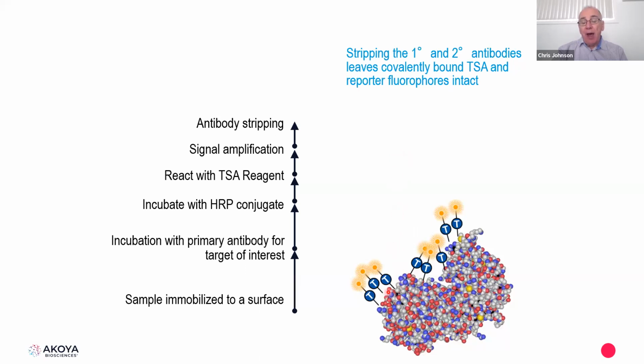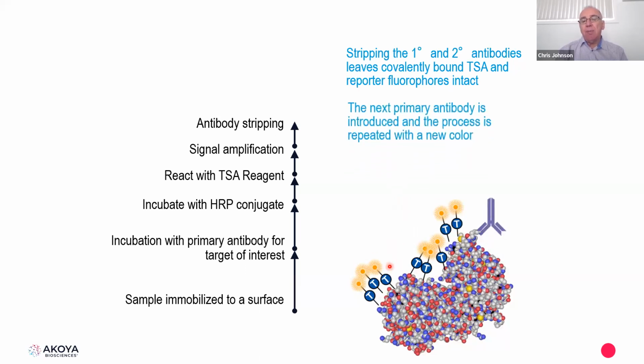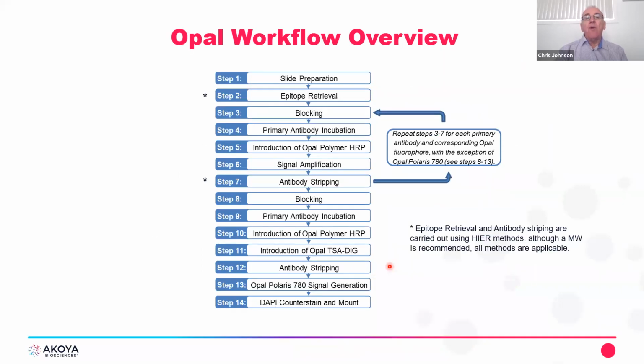What is left behind is the covalently bound molecules of fluorochrome and tyramide near the site of interest. This allows us then to apply a second antibody, a secondary, and a second tyramide entity, and we can go through the process as you can see.